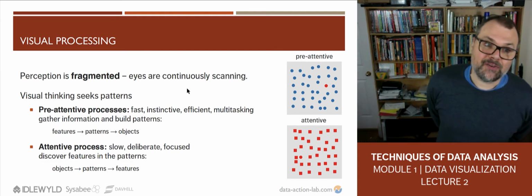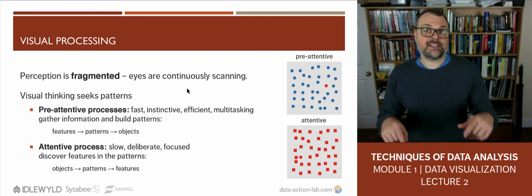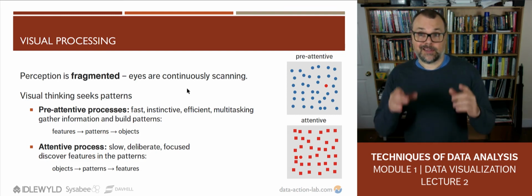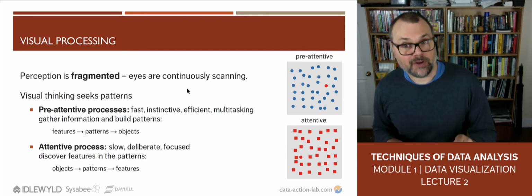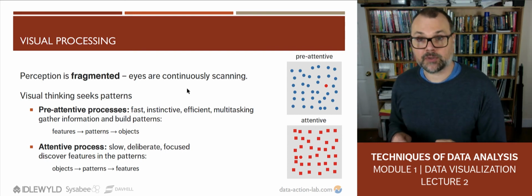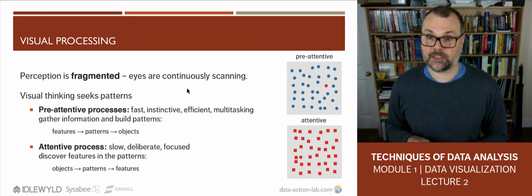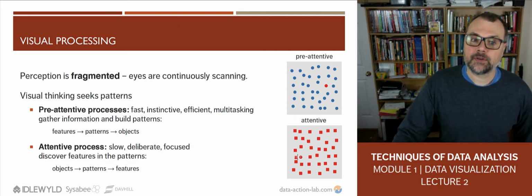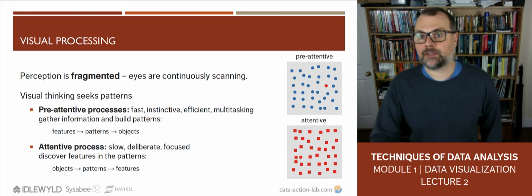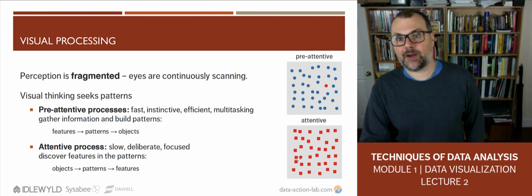But then you also have attentive processes, the processes that require you to sit down and to think about what you're seeing. If I'm asking you to find the red circle in the bottom chart, you cannot find it just as easily. Right? Because here the shapes don't provide you with enough contrast when the colors are the same throughout.